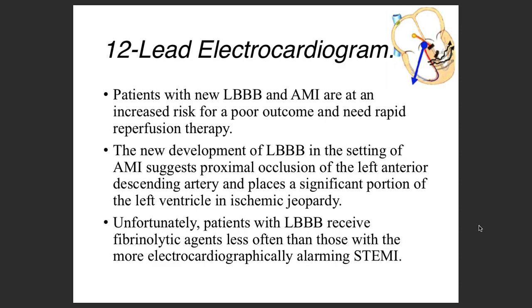So why do we think of myocardial infarction with left bundle branch block? We have such smart people, and someone had already said it as well. It can suggest the occlusion of the left anterior descending artery, LAD, due to which a lot of the area of the left ventricle, which is the biggest area, is already in ischemia.